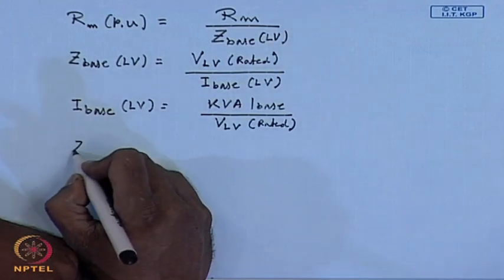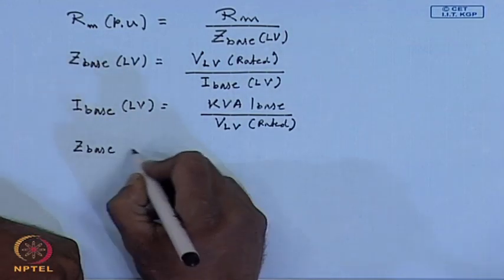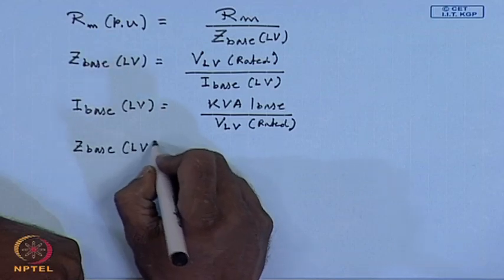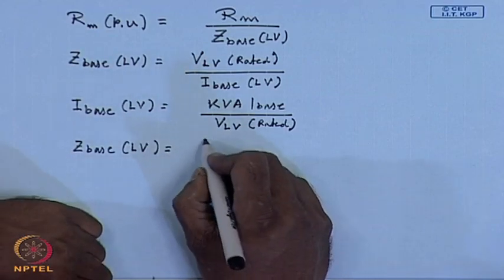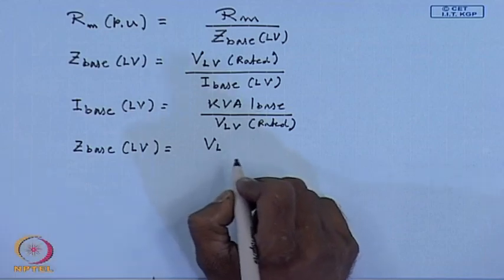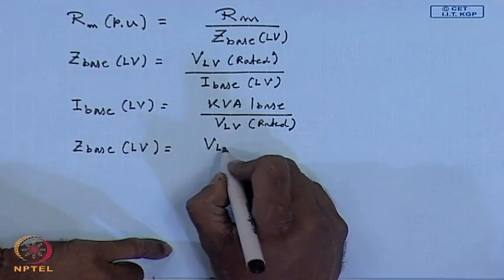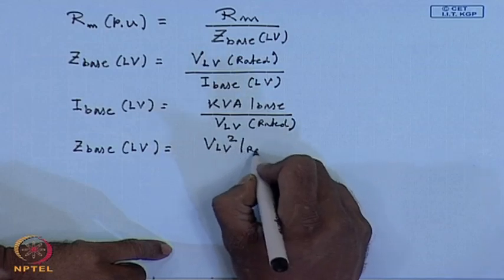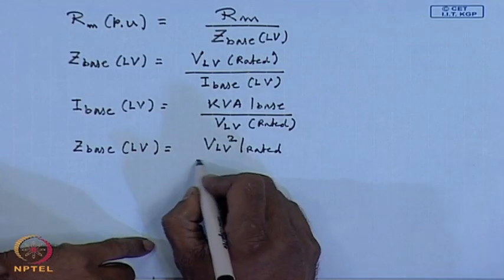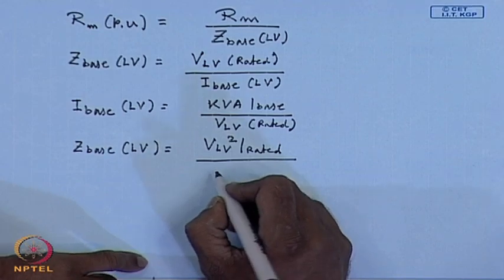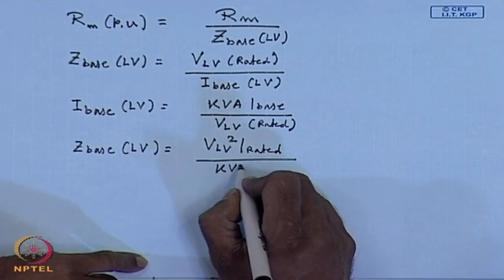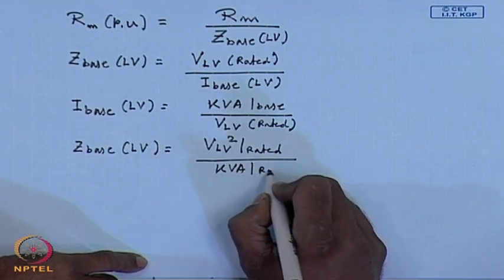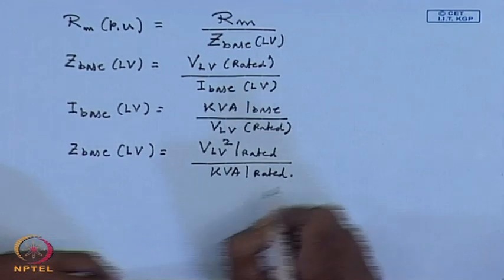Therefore, Z base of the LV side equal to V LV rated square divided by KVA rated.